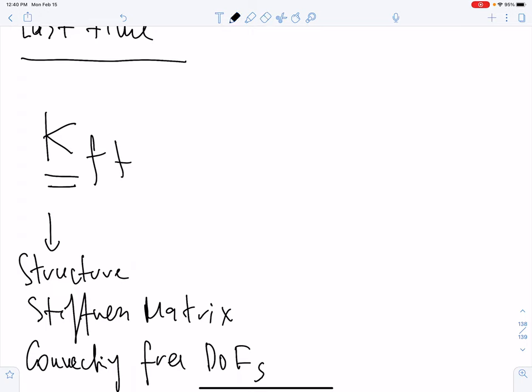And we arrived at the following equation, that the structure stiffness matrix in some sense equals the sum of individual element stiffness matrices, e equals 1 to NEL, where NEL is the number of structural elements in your structural system.